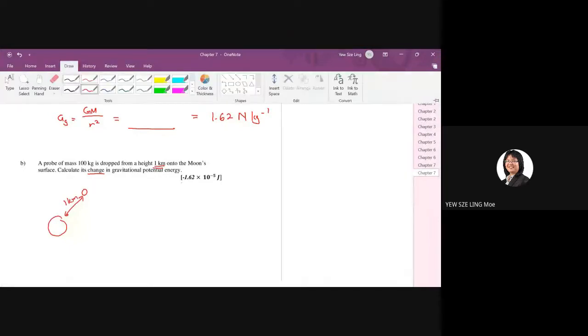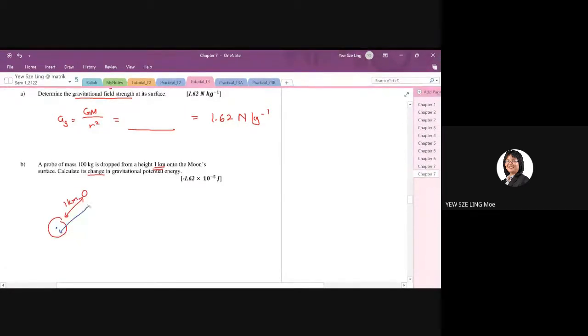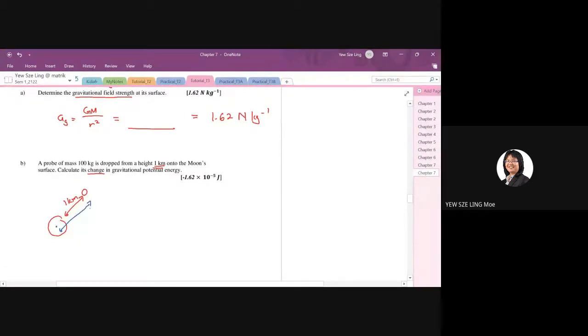Remember, when it comes to calculations, the distance we need to use is from the center of the mass, the point mass, to the probe.